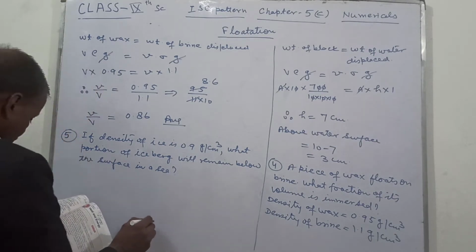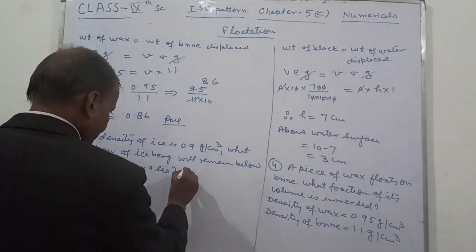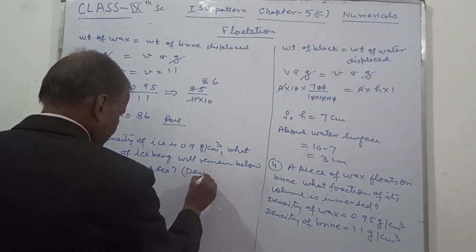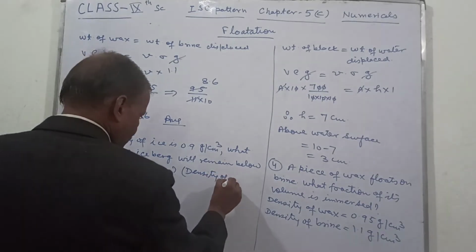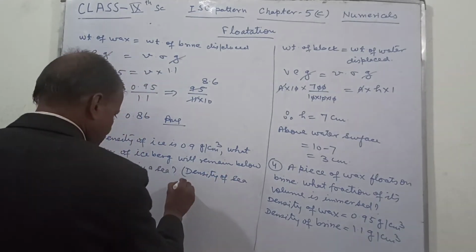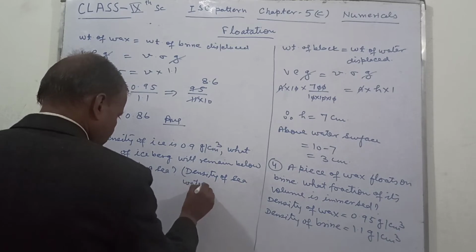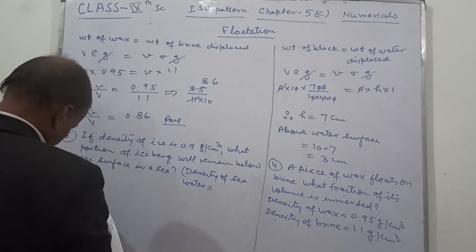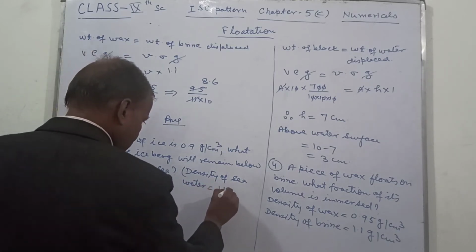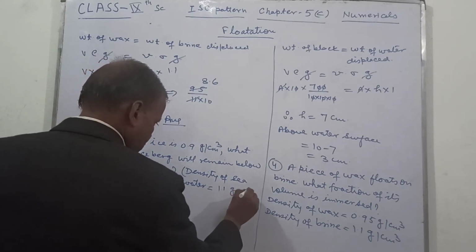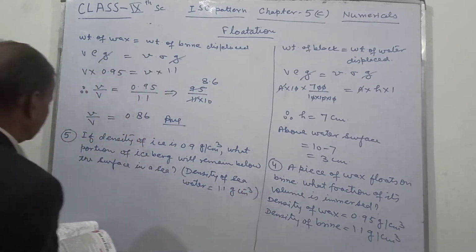Given the density of seawater is 1.1 gram per centimeter cube.